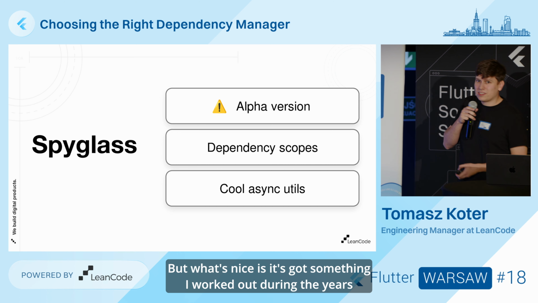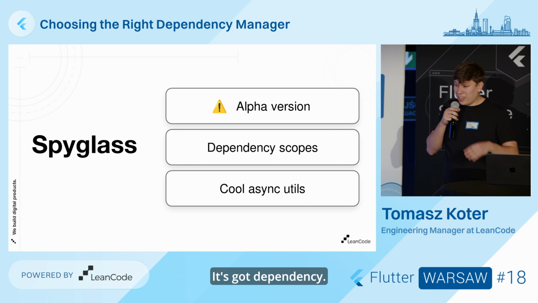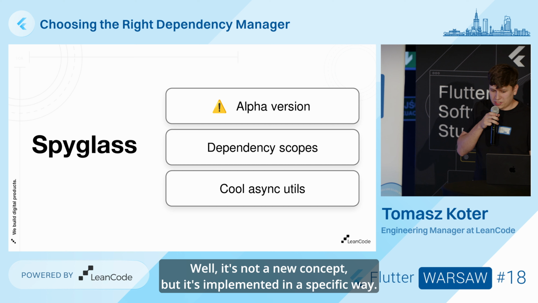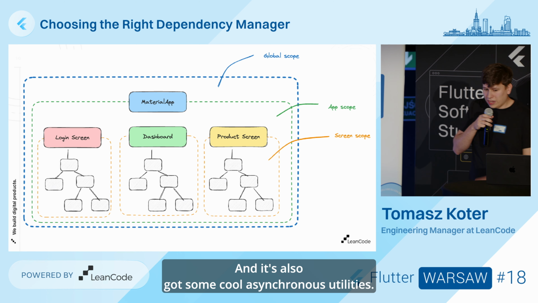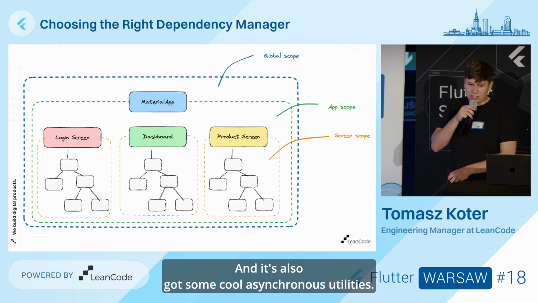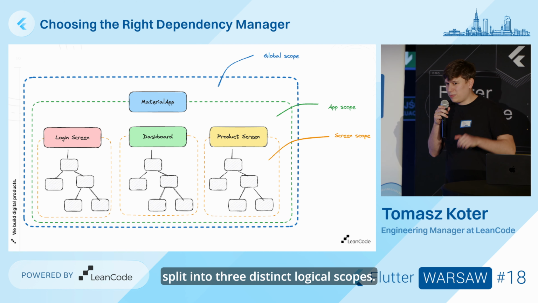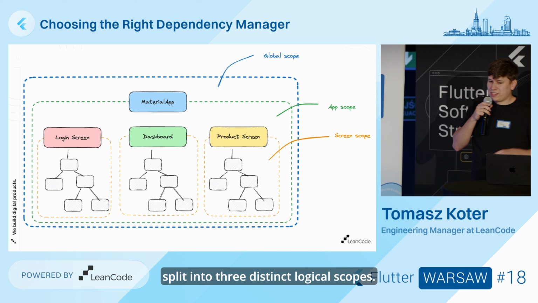But what's nice is it's got something I worked out during the years of working with Provider. It's got dependency scopes. It's not a new concept, but it's implemented in a specific way. And it's also got some cool asynchronous utilities. What I worked out over the years is that I like to think about my apps as split into three distinct logical scopes.